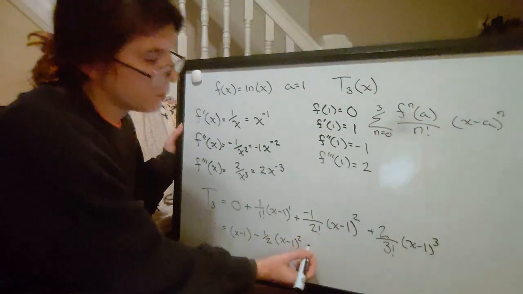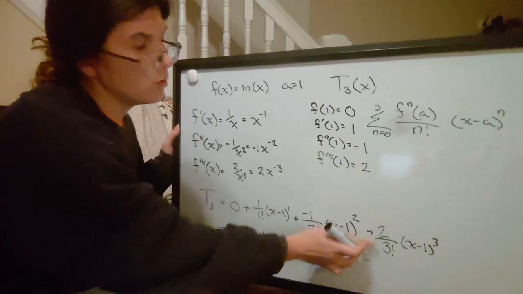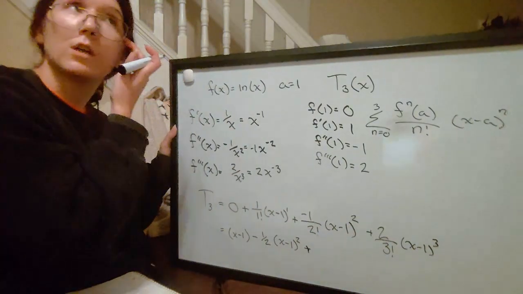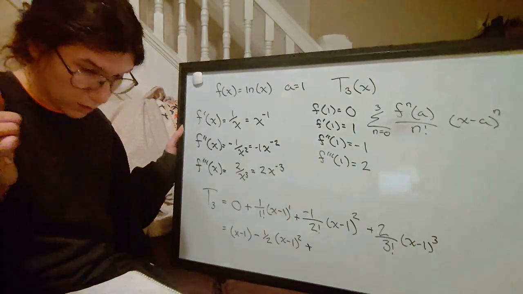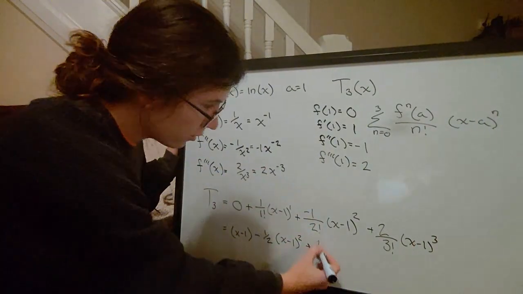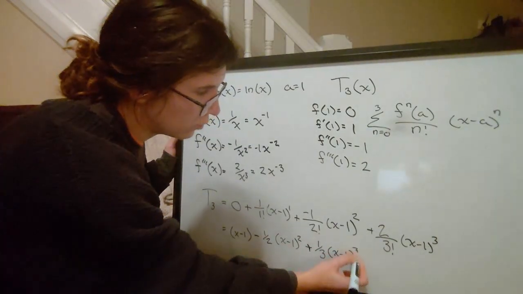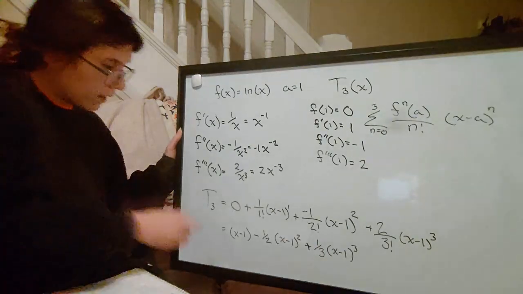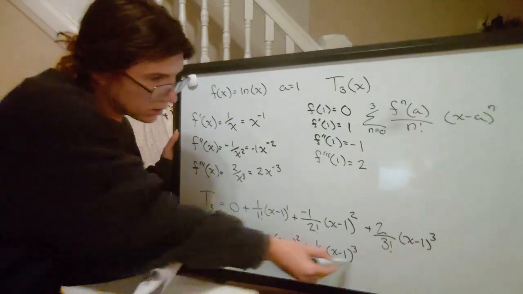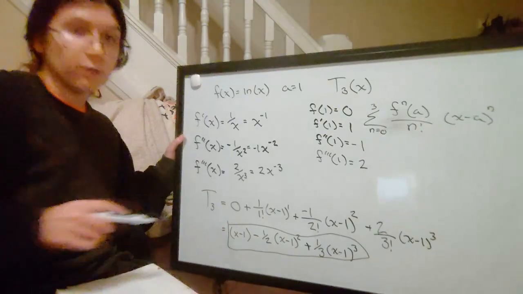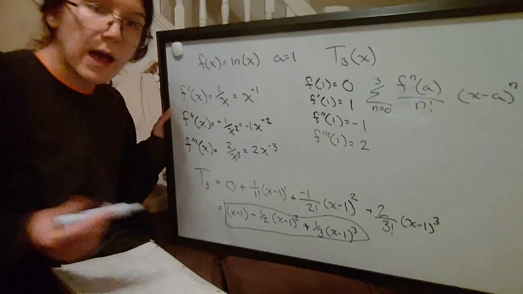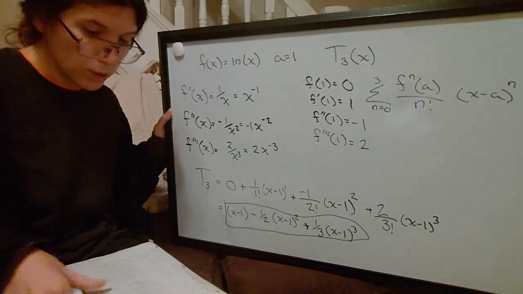And then we have plus 2 over 3 factorial. 3 times 2 is going to be 6, so that is going to end up being 1/3 x minus 1 cubed. All right, so this, very funky, is actually going to be what we plug into Desmos.